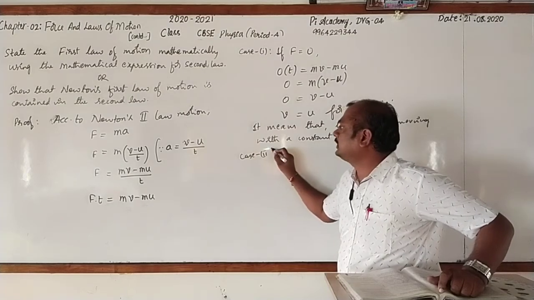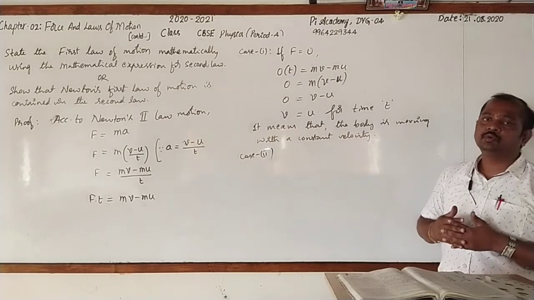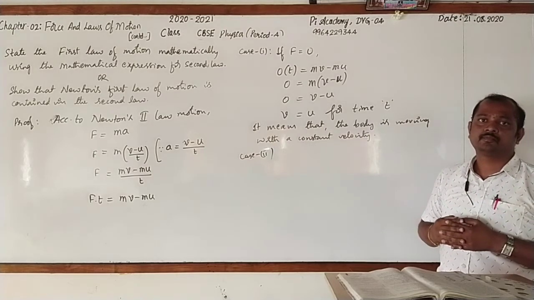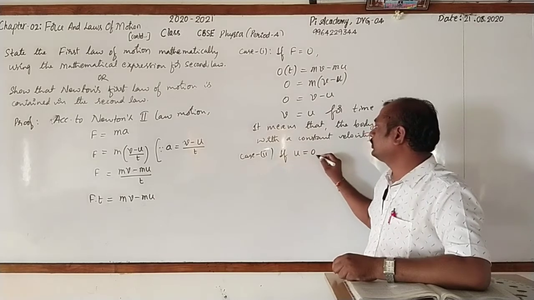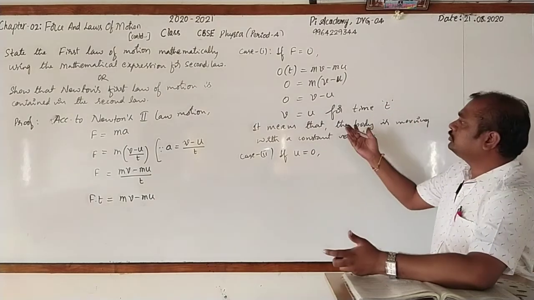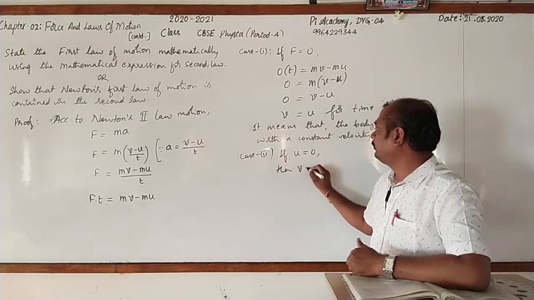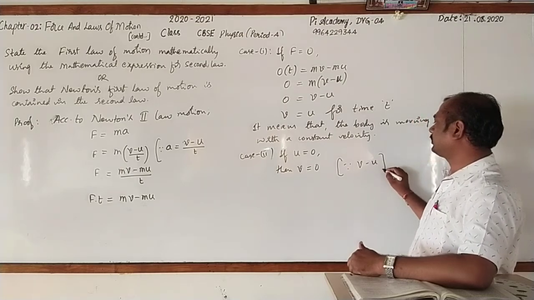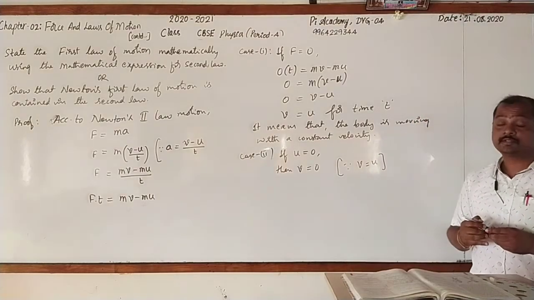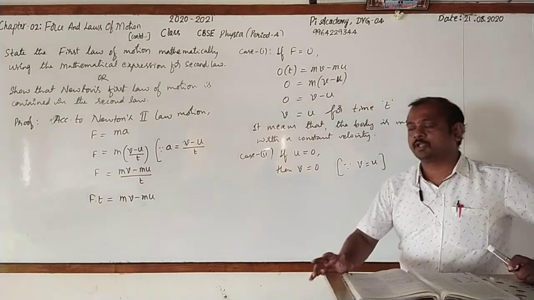That is, second case. Suppose u equal to 0. Here I will write if u equal to 0. If u equal to 0, what about the v? Then v will also be equal to 0, because v minus u, v is equal to u if and when the object is moving with a constant velocity, right?